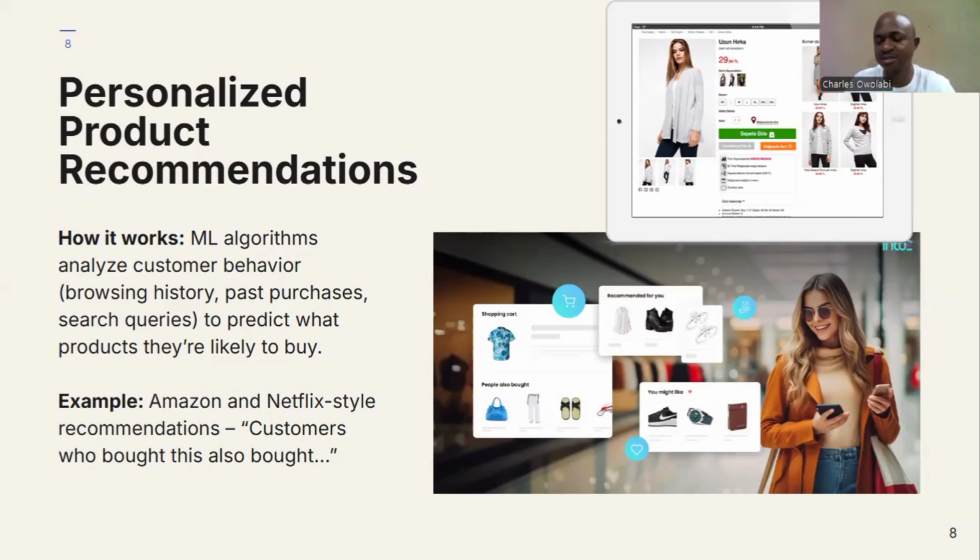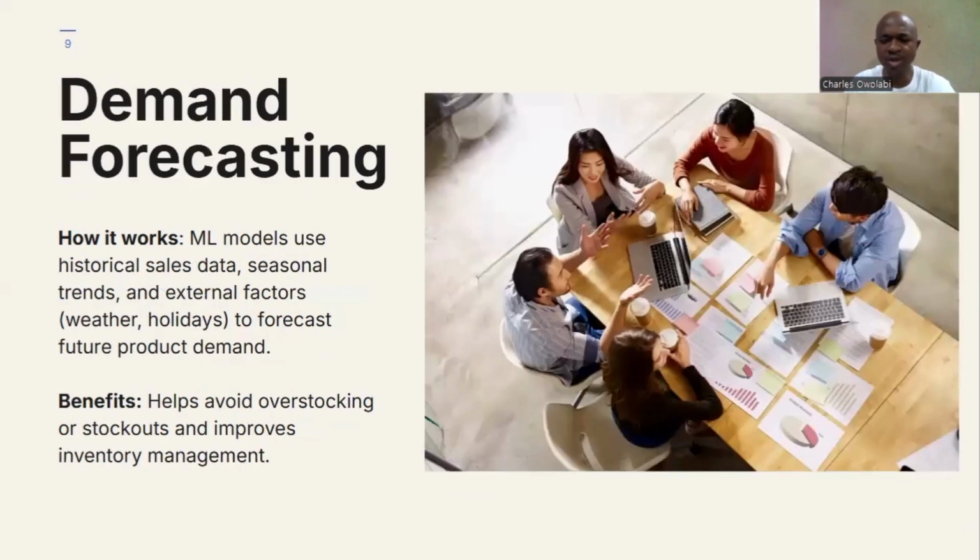And exactly the same model is what Amazon, Netflix, and other platforms that involve customers making selections use. So it collects data from you and uses that data to make suggestions as to what you're likely to like next.